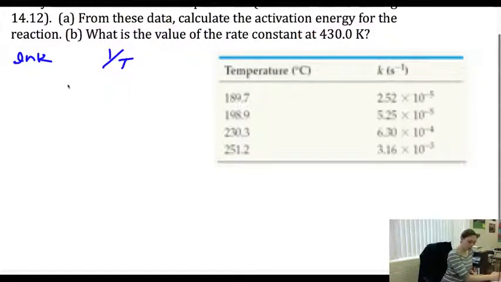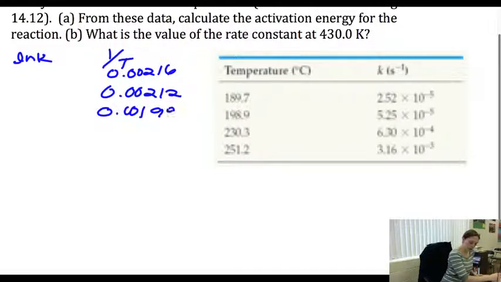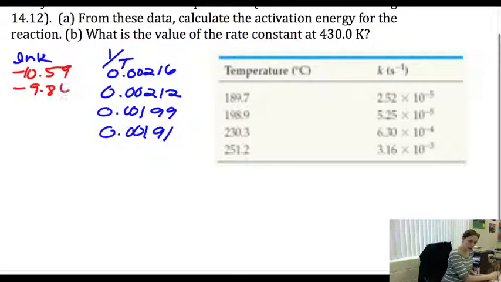Well, 1 over T is going to look like 0.00216, 0.00212, 0.00199, and 0.00191. The natural logs of the constants are going to be negative 10.59, negative 9.86, negative 7.37, negative 5.76.